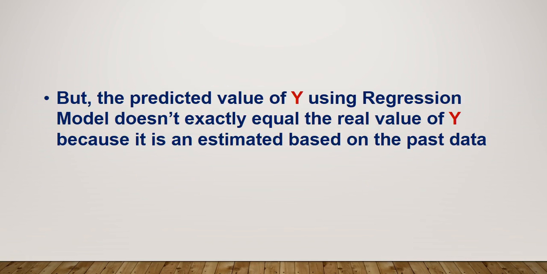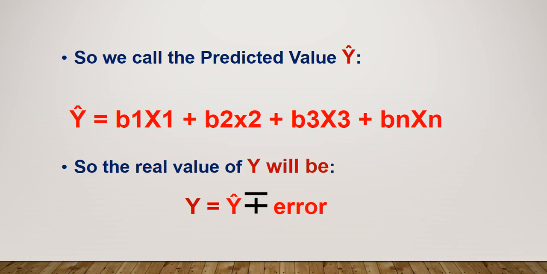But the predicted value of Y using a regression model doesn't exactly equal the real value of Y because it is an estimate based on past data. So we call the predicted value in this case Y hat. There's a small hat on Y. So instead of saying Y, we will use Y hat.